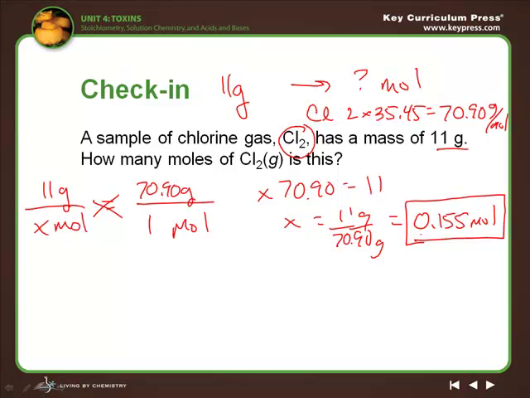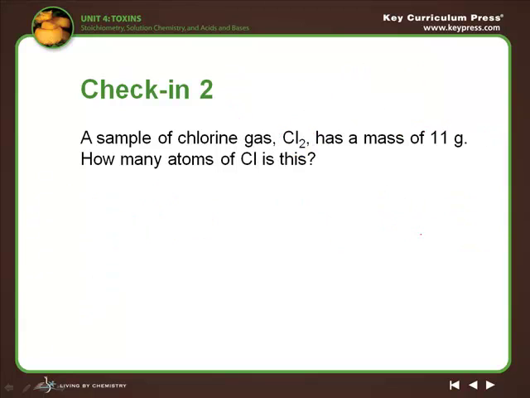Okay. So if we go to the second part, we have the same number of grams. So if we still have 11 grams of Cl2, that's still going to be 0.155 moles of Cl2. Now, what's the question asking us to find in this one? Atoms.